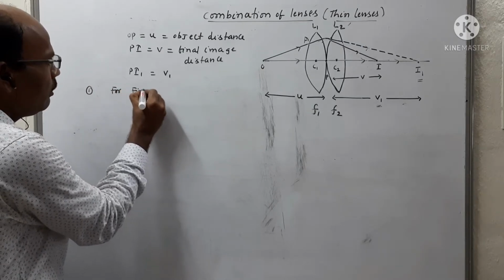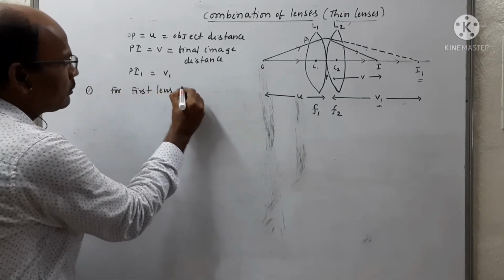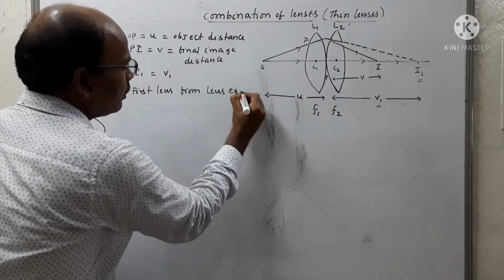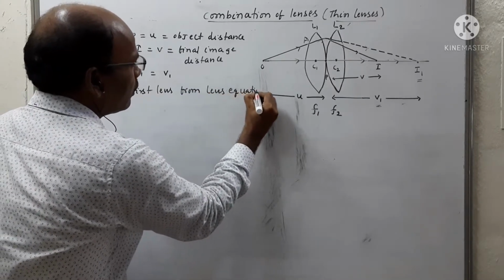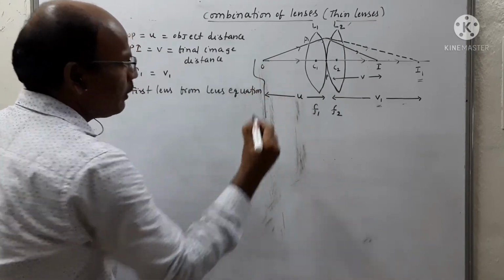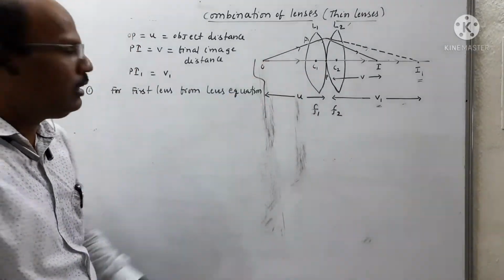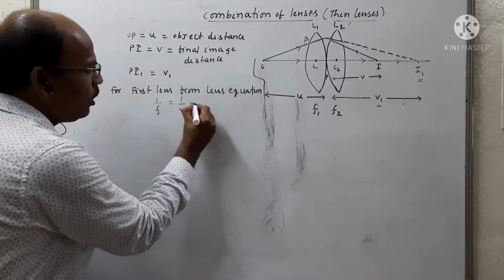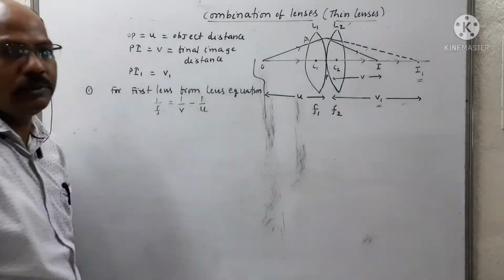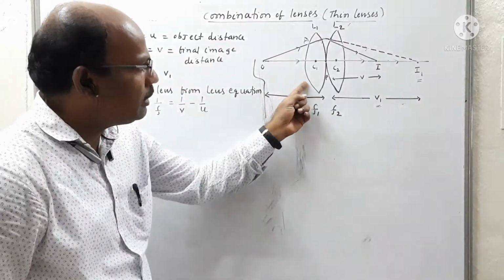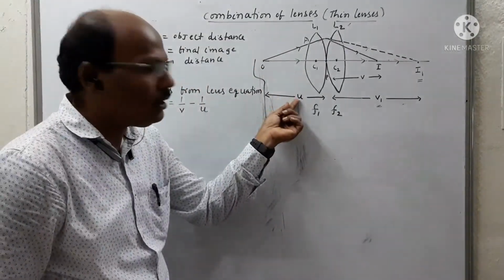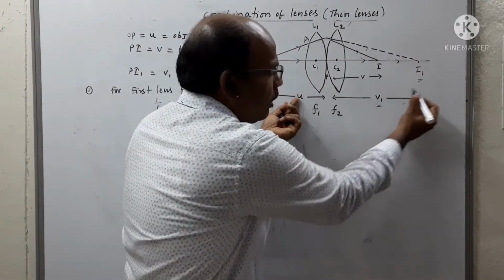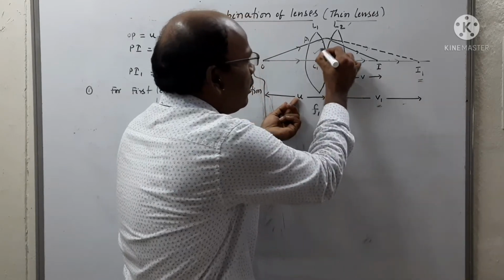for the first lens, from the lens equation. What is the lens equation? 1 by F is equal to 1 by V minus 1 by U. By the consideration of the first convex lens, U is the object distance, and the image distance is V1, formed at I1 by the first lens.